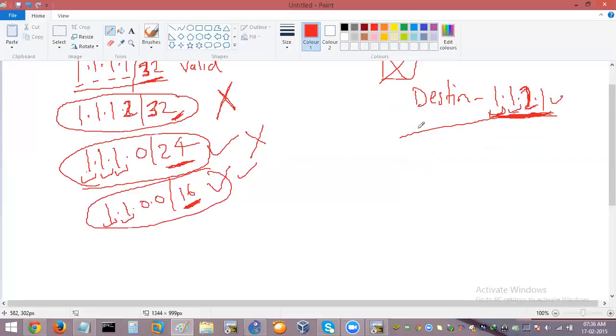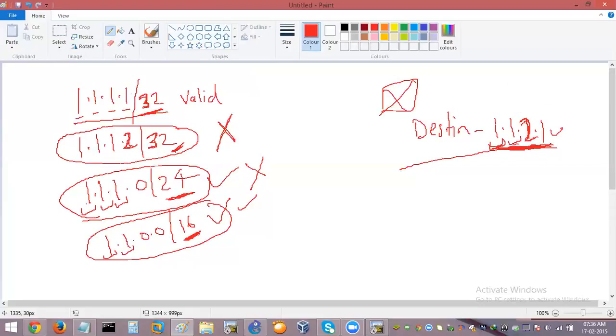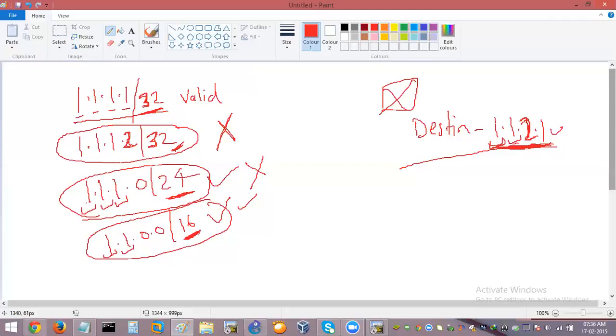So this becomes valid. Based on what subnet mask you have installed with your routing entry in the routing table, that's how the router is going to match. The router is going to do the route lookup process for the destination IP.